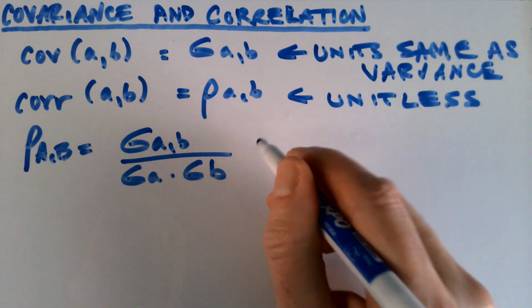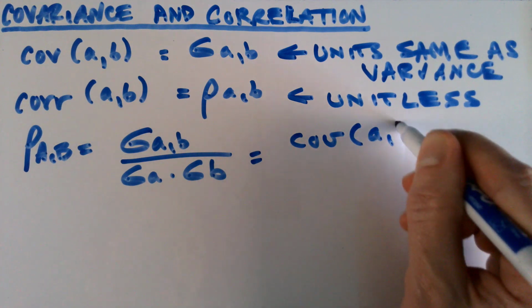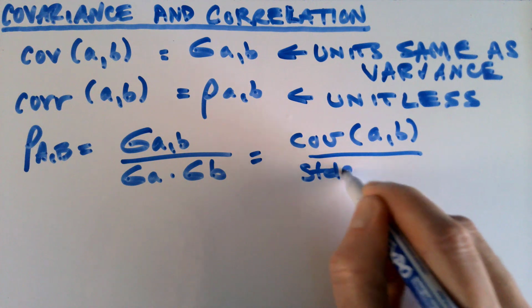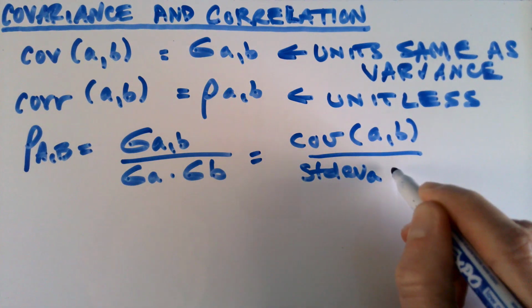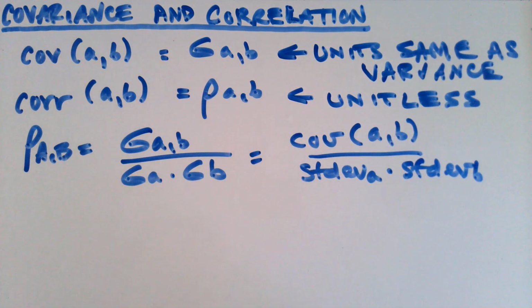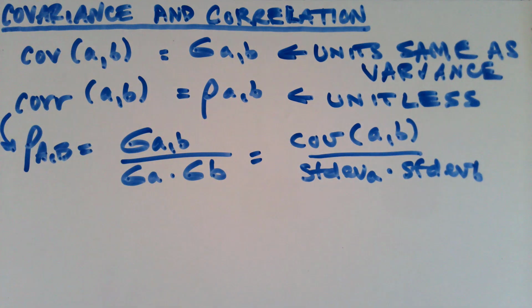Now you might also see this written as the covariance of A with B divided by the standard deviation of A times the standard deviation of B. You'll see lots and lots of different kinds of notation, but you shouldn't let it get to you.